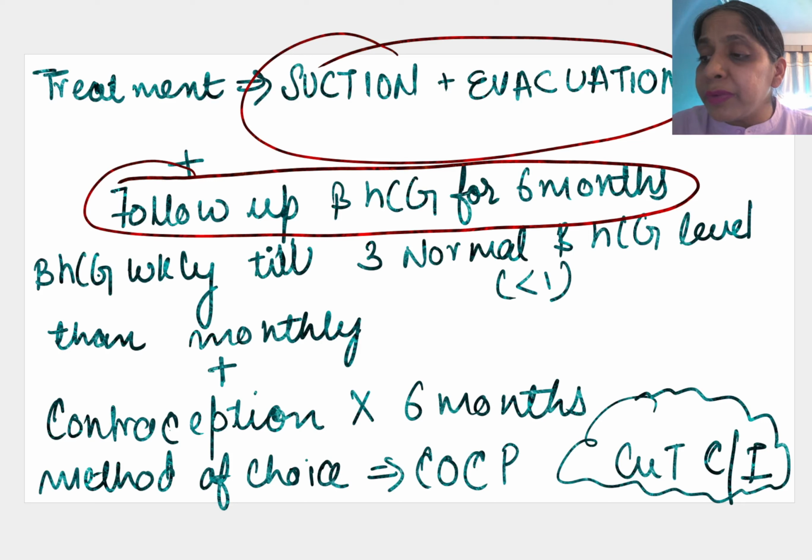Then another option was viability of pregnancy. We have read that in biochemical pregnancy we do beta hCG only 2 times there, and in molar pregnancy we do it weekly till 6 months. There are 4 weeks in a month, so at least we are doing beta hCG 20 times.